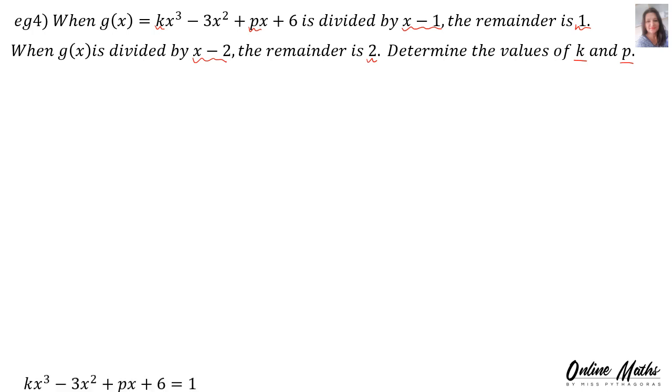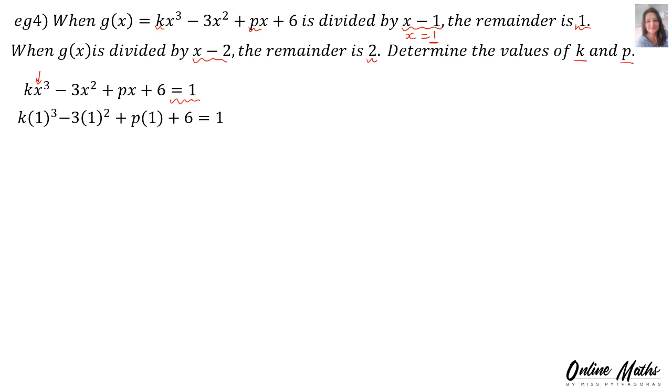So first of all, you will jot down g of x, and then they said that the remainder is 1. So then you will equate g of x to 1. And now in x's place, it was given that it's divided by x minus 1, therefore x is equal to 1. So now everywhere where you see an x, you will substitute 1. So it becomes k times 1 cubed minus 3 times 1 squared plus p times 1 plus 6 is equal to 1.